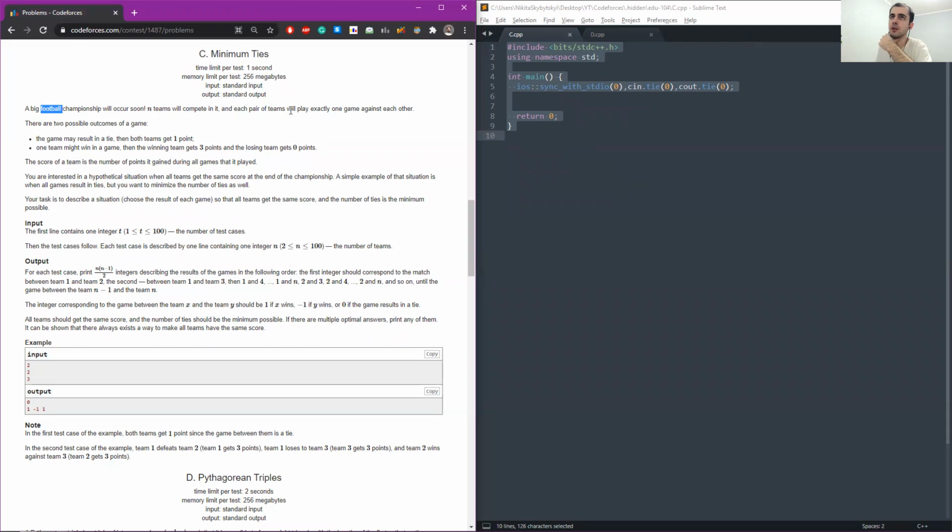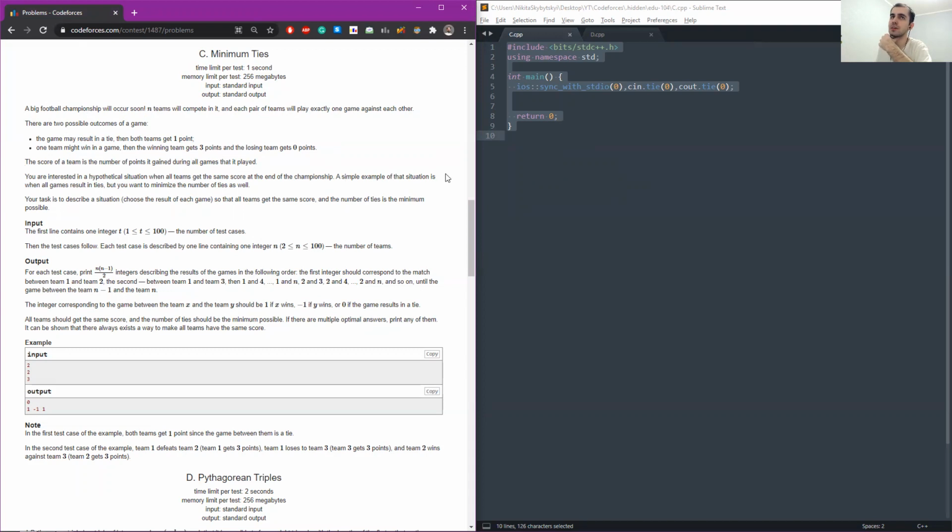And each pair of teams will play exactly one game against each other. There are two possible outcomes of a game. The game may result in a tie in both games. Yeah, we know the soccer rules. The score of the team is the number of points it gained during all games that it played. Reasonable. And you're interested in a hypothetical situation where all teams get the same score at the end of the championship.